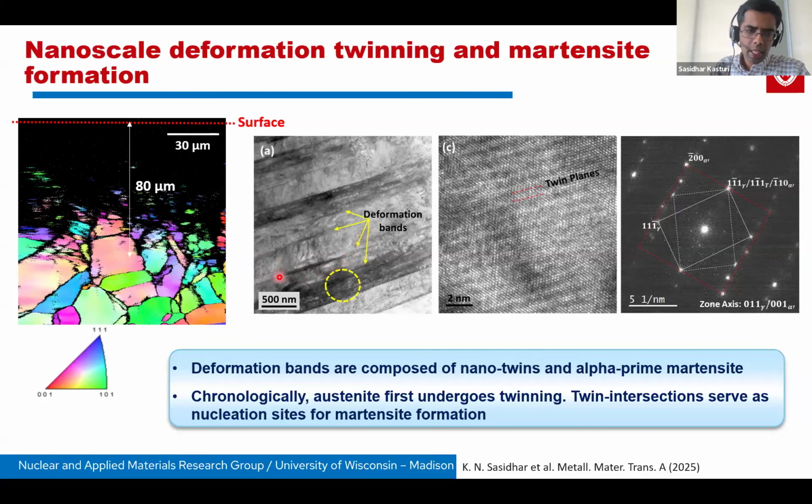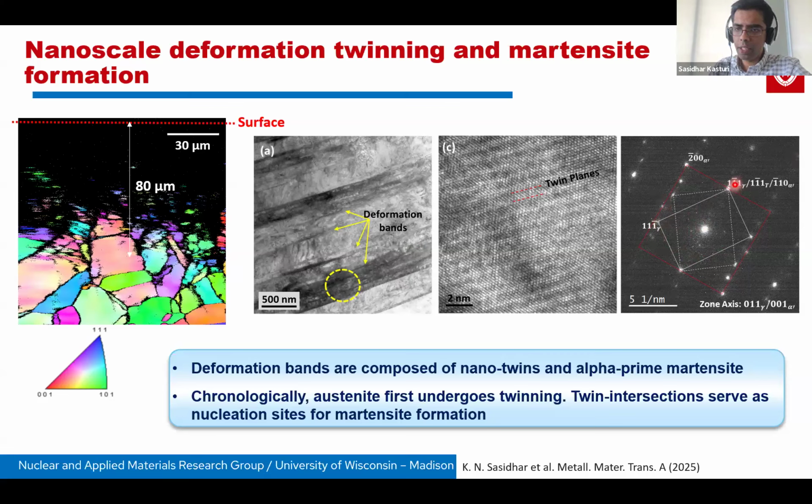So in this particular sample extracted from 80 microns below the surface, in the TEM, you can once again see these deformation bands. And what these deformation bands are composed of, when you look at the selected area electron diffraction pattern, you can see classical twinning.